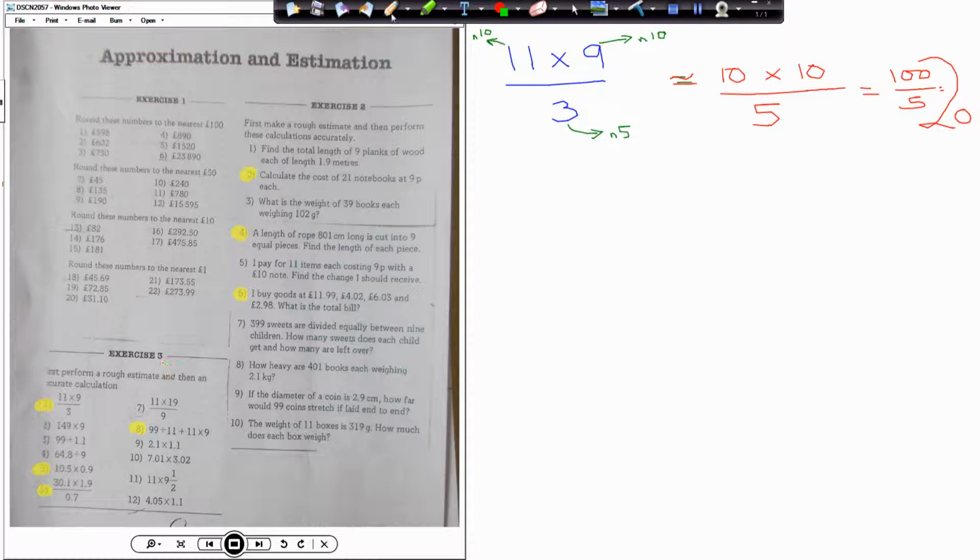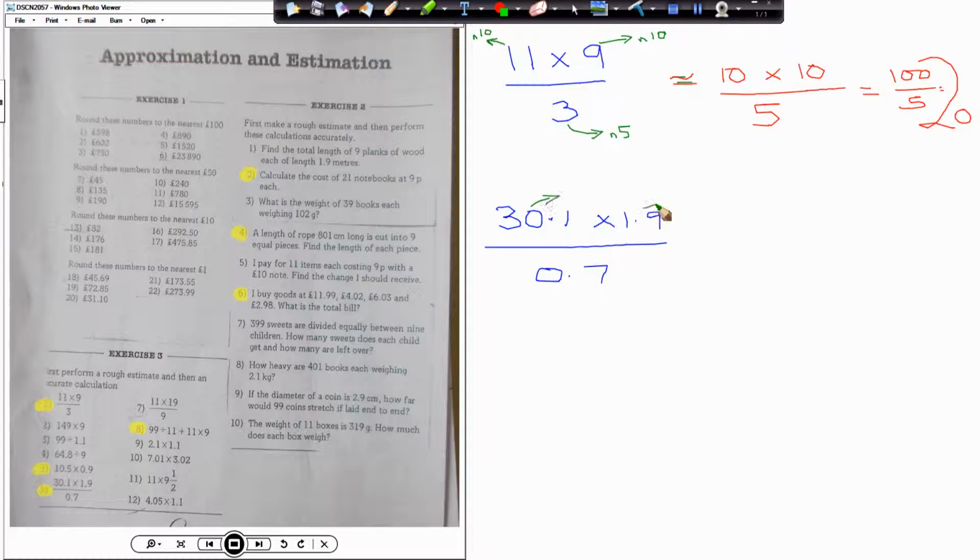Here's the next example. We have 30.1 times by 1.9 divided by 0.7. So, what are we going to round them to, Khadija? Tell me what each one I'm going to round it to.